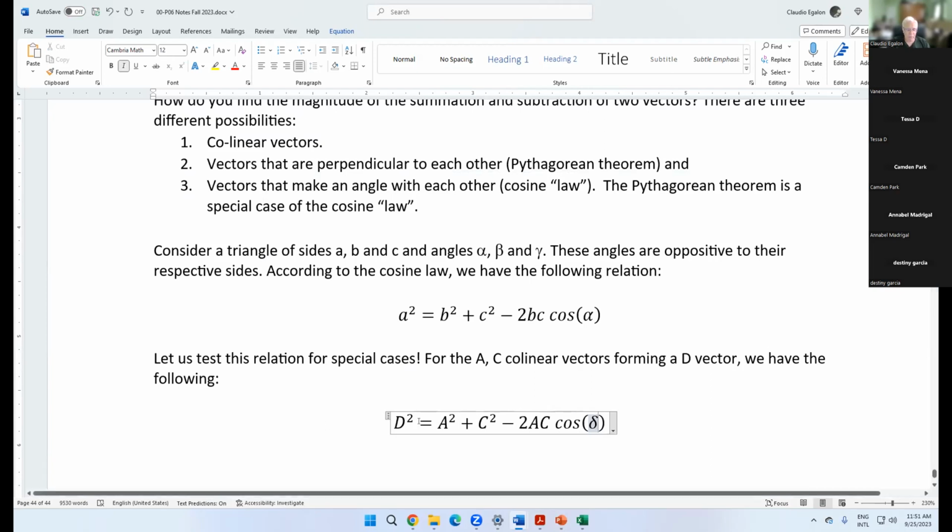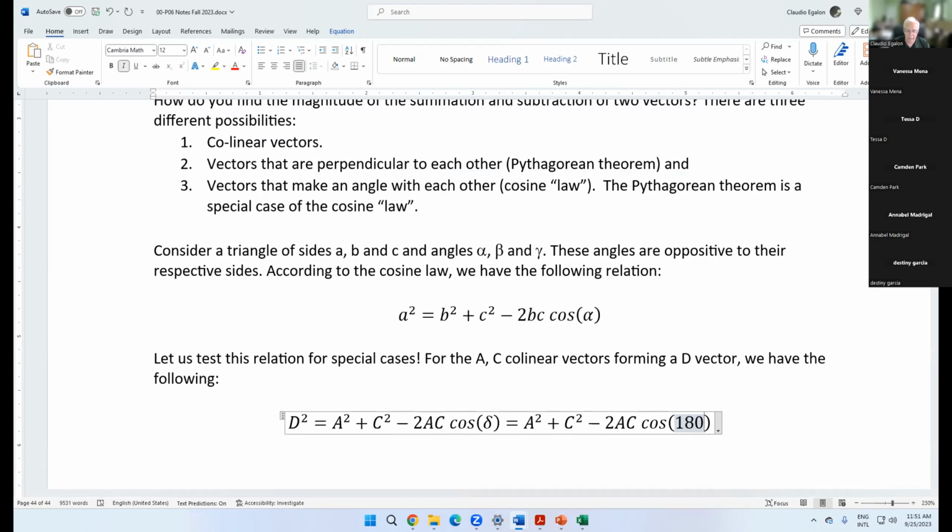Delta is the angle opposite to the side D. Delta in this case is going to be 180 degrees.